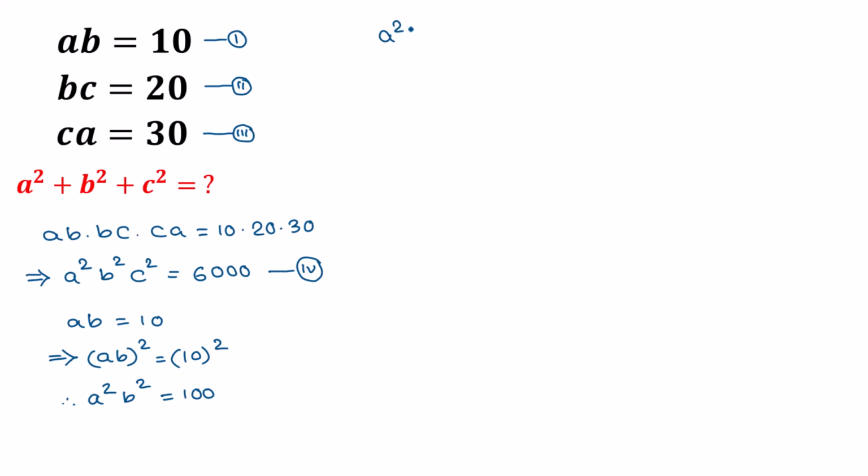A square B square C square, this is 6000, and if we divide this by this A square B square is equal to 100, here it will be A square B square, and right side will be divided by 100, and this A square and A square will cancel, B square and B square will cancel, and it will be C square.